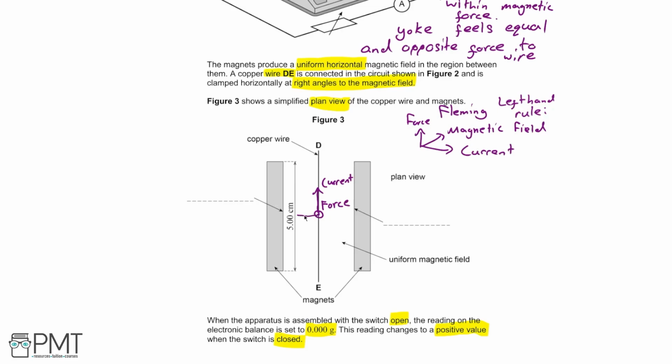So in this case, we have the field here. So therefore, what we need is to have the North Pole on the right-hand side and the South Pole on the left-hand side, because the field lines always go from the North Pole to the South Pole, like so.